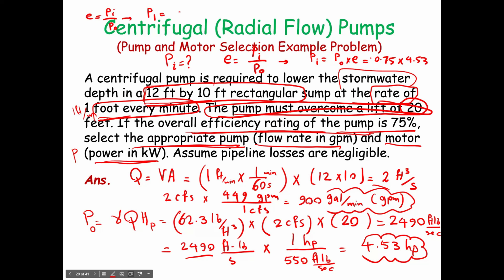So PI equals E multiplied by PO. 0.75 multiplied by PO, which I have as 4.53 horsepower. And I have another change of unit for you. If I ask how many kilowatts I have, kilowatt is a famous one for power. It is equal to 1 point, this, horsepower. So you have 4.5 kilowatt.